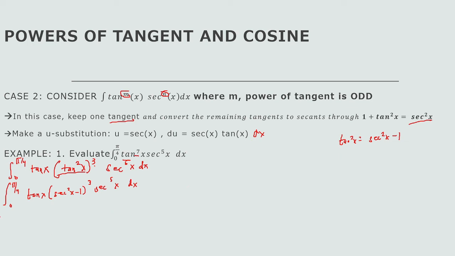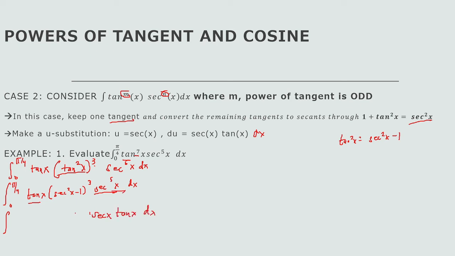Okay, so let's use substitution one more time. So tan x, so therefore this is tan x. So we separate sec x dx. So separate one sec x dx and tan x dx.